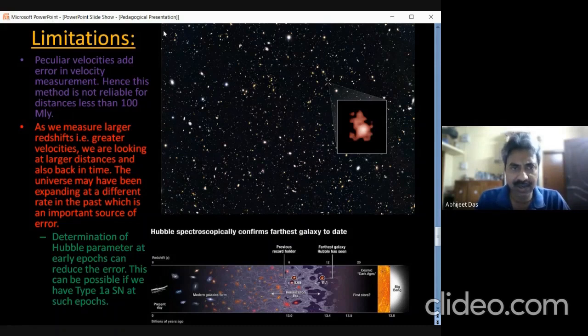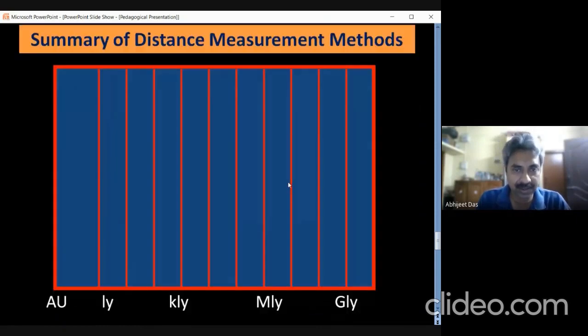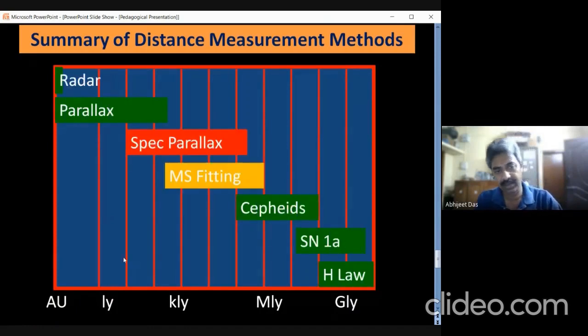Now, here in this slide, I have shown a picture of the Hubble Space Telescope, where in the inset we see a galaxy which is supposed to be the farthest galaxy that has been observed, and this galaxy has a redshift of 11.1, which translates into a distance of 13.4 billion light years. So that is the distance up to which we can go using this method.